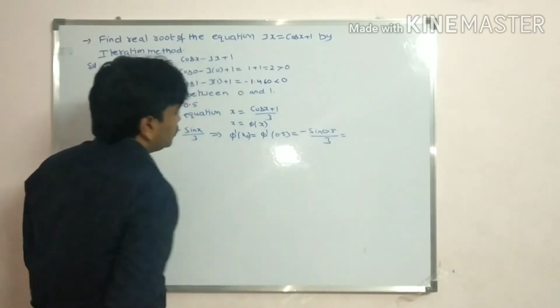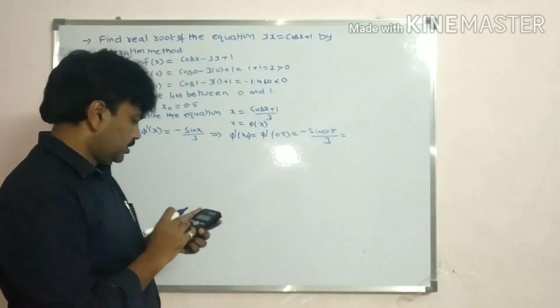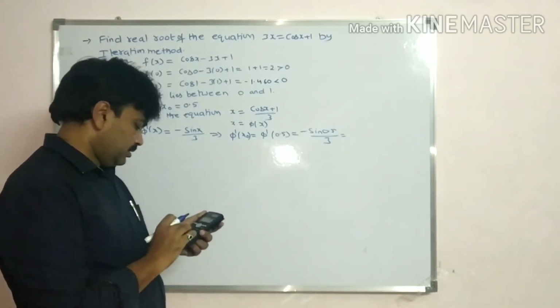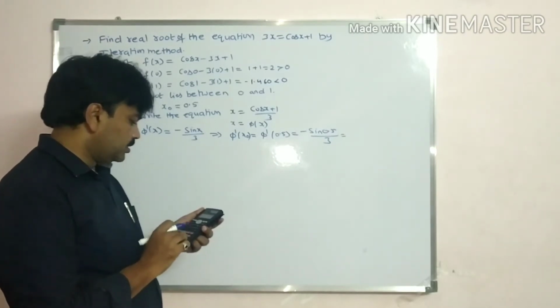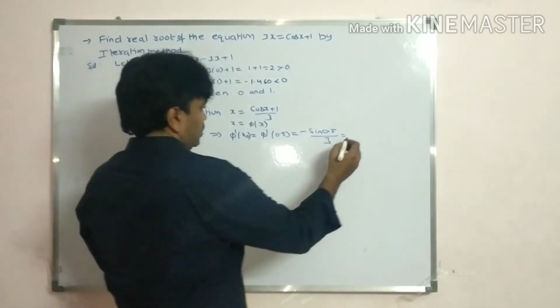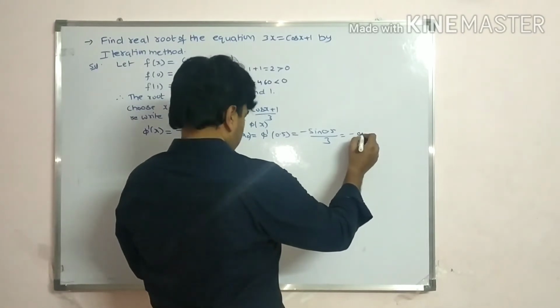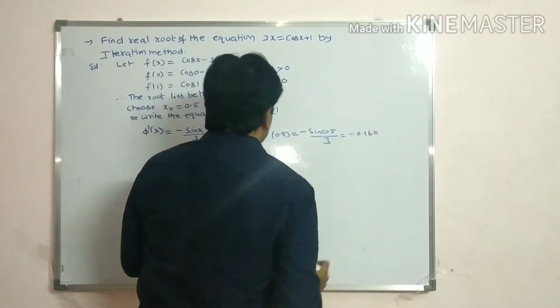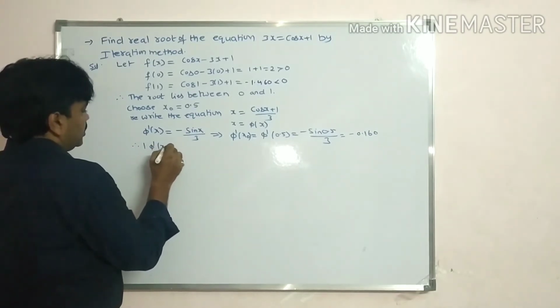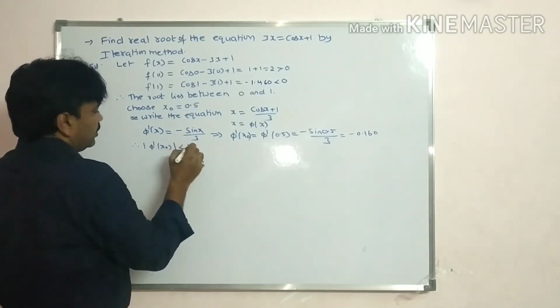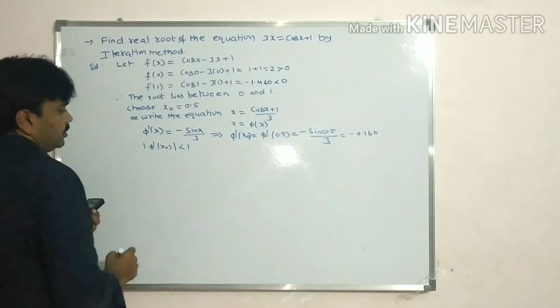We get minus 0.160. Therefore modulus phi dash at x naught is less than 1, students.